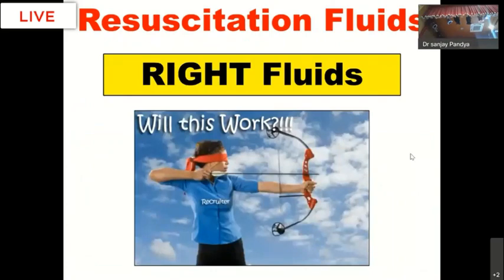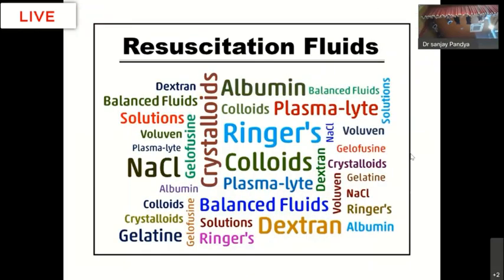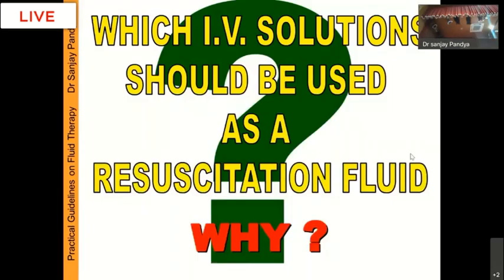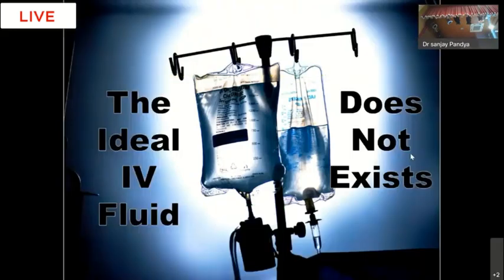Okay, what kind of fluid should be given? Now, there are multiple choices of fluid with us, and therefore we have to go for the right kind of fluid. Select right fluid. What is right fluid? Answer is that the fluid should be properly determined so that it effectively increases intravascular volume.